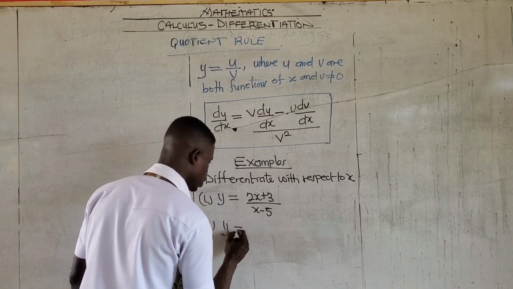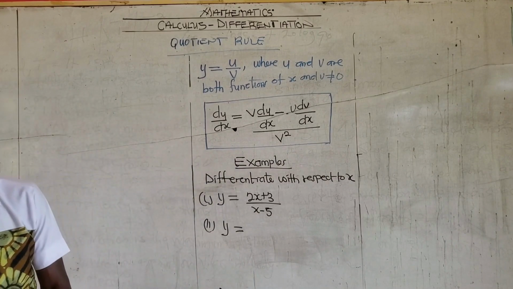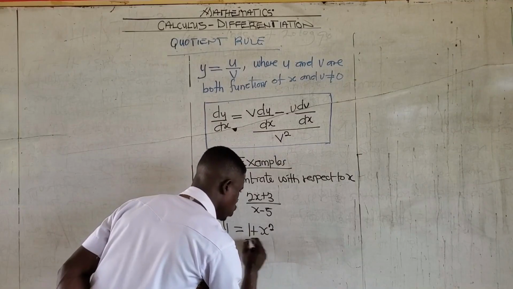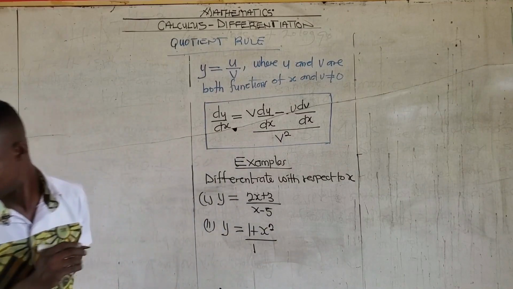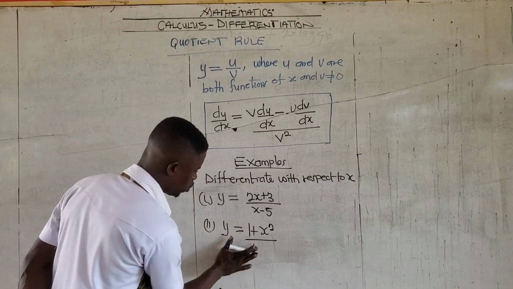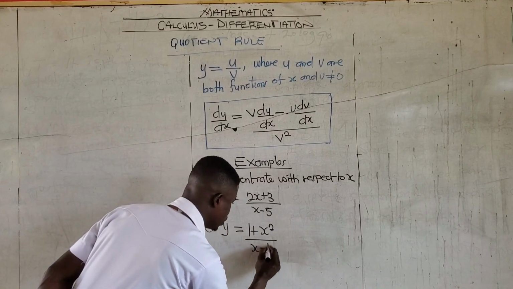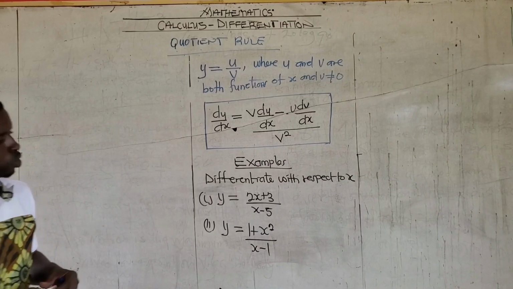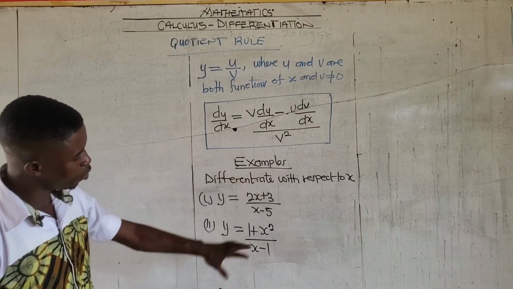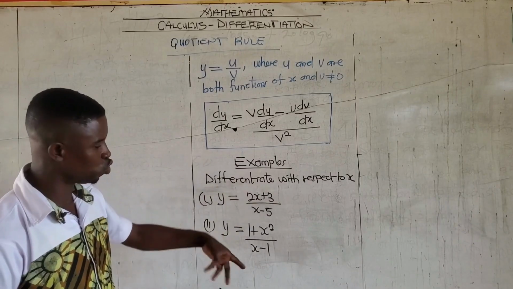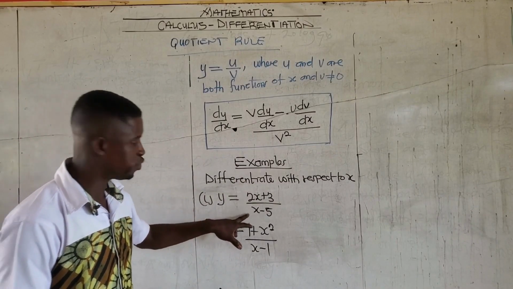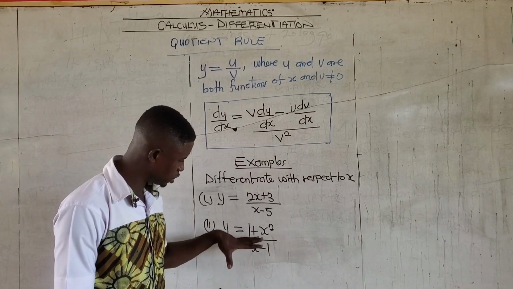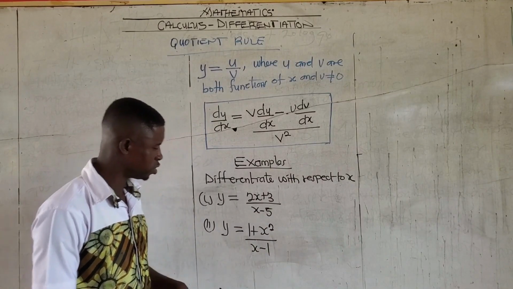And y is equal to 1 plus x squared, all over x minus 1. All right, so let's see how we can use the quotient rule to differentiate these two expressions.